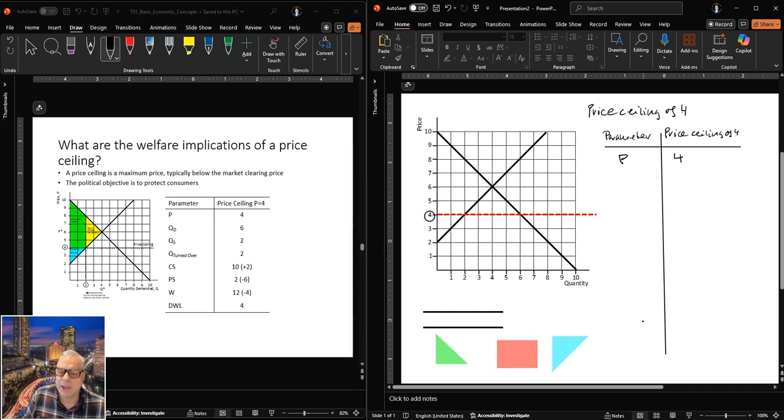But at the price of 4, how much is quantity demanded? Well, at the price of 4, quantity demanded in this case is 6. But how much is quantity supplied? Quantity supplied, however, is only 2. So we have excess demand.